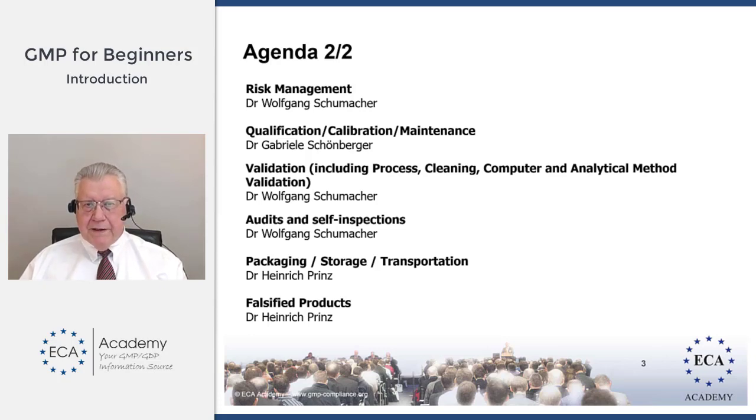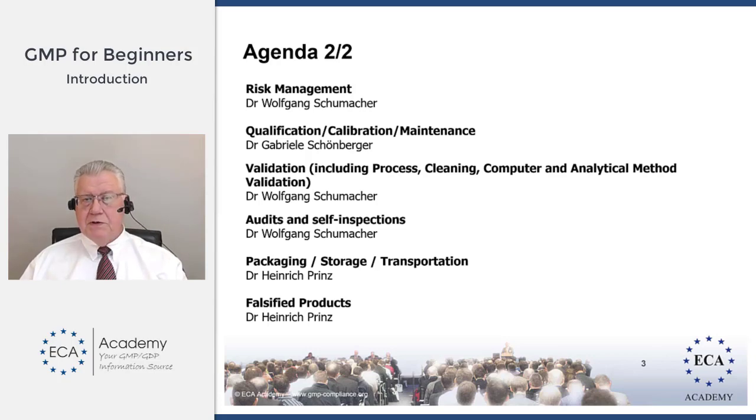I will bring validation, including process validation, cleaning validation, computerized system validation, and method validation in this section to you. Then next section is audits and self-inspections, what you need to do in order to prepare for an audit by a customer, for instance, or a health regulatory inspection, or what you need to do in order to audit your suppliers.